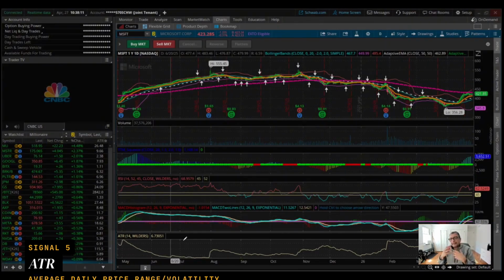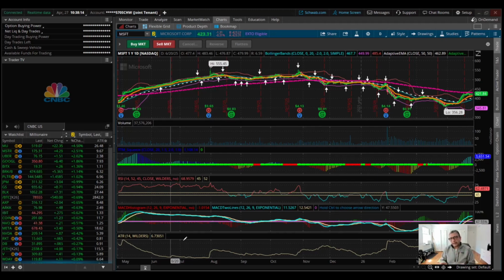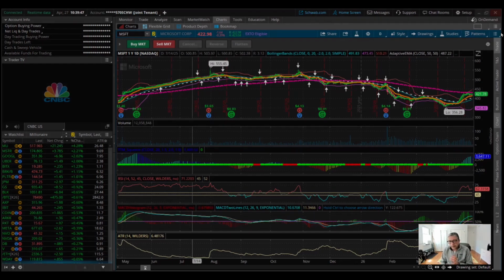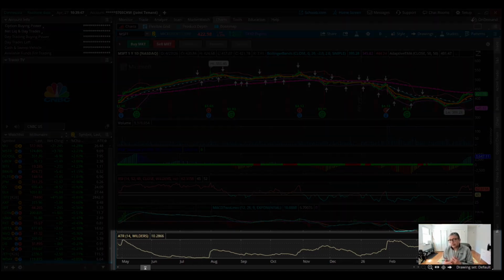Our signals, how they are generated, what I trade is proprietary in the sense that the RSI has to be a certain level before I would jump into a trade. The TTM squeeze has to be doing something that makes sense for us before we jump into a trade. And the other thing that we look at very carefully is the ATR, which is the average true range.